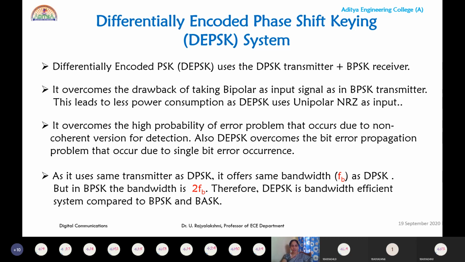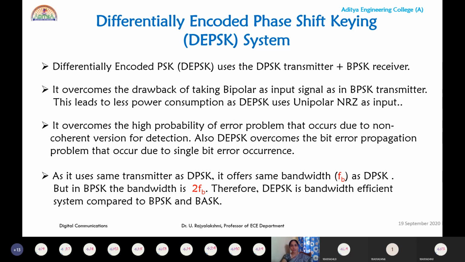In the last class, we found so many advantages for the DPSK transmitter section. What are the advantages of the DPSK transmitter? We discussed that the DPSK transmitter section consists of a differential encoder.